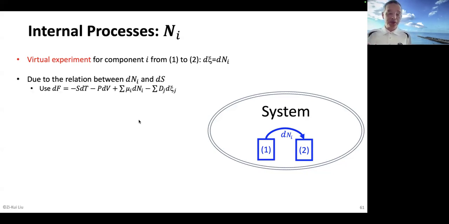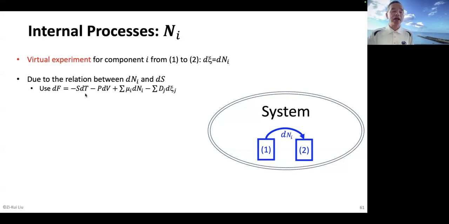How about the relation between dNi and dS, as we mentioned many times already? Because they cannot be independently changed, we have to change our function. So we use the homogeneous energy instead. So dF equals minus SdT, so now we switch S and T and keep everything else the same.